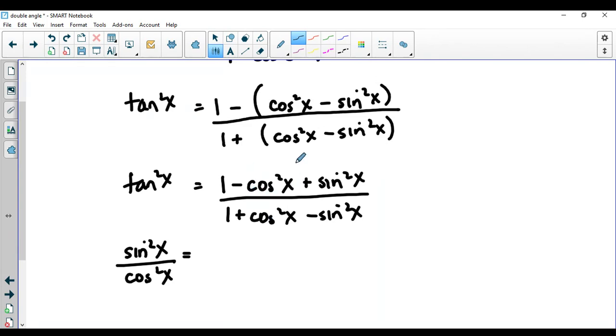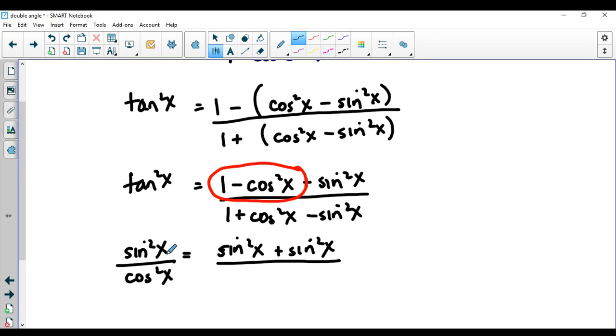So how can cosine squared disappear? Well, if you recognize this, 1 minus cosine squared is actually sine squared. So at least I have my numerator that looks like the left side, except I have one too many.